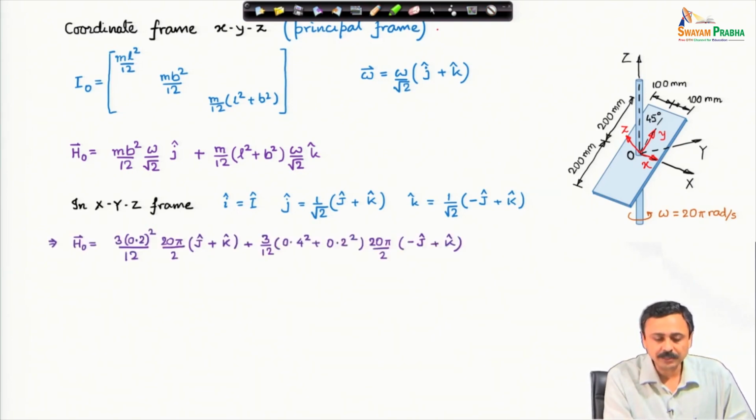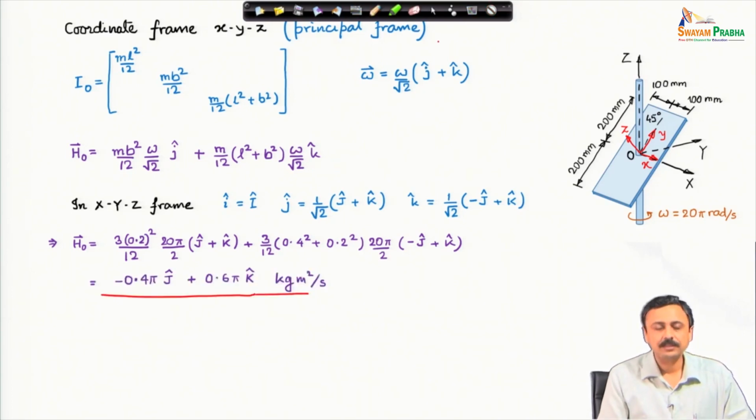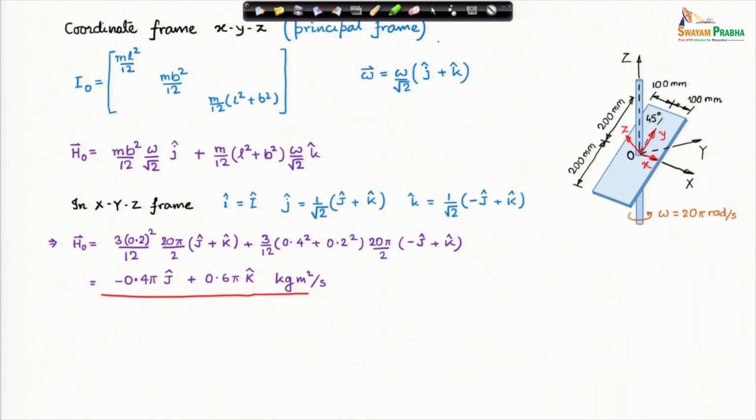Therefore, substituting these expressions of j cap and k cap in here, and simplifying, I get the angular momentum about O in terms of the capital I cap, J cap and K cap unit vectors. So, this is the angular momentum about O.